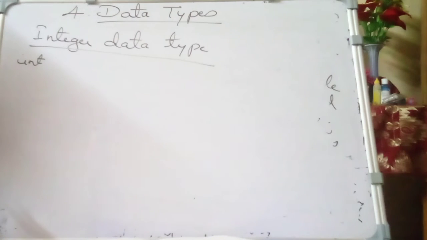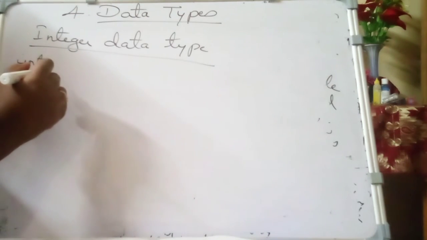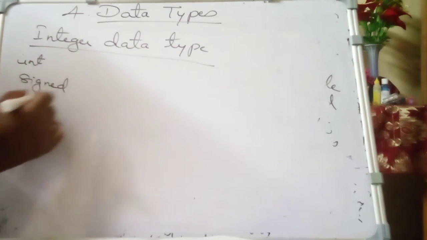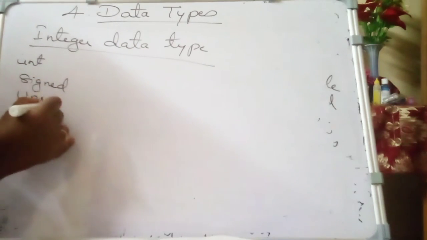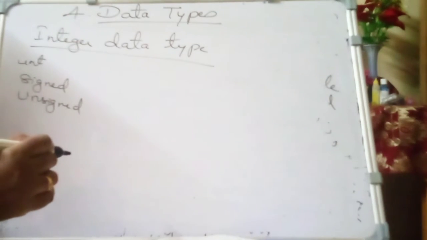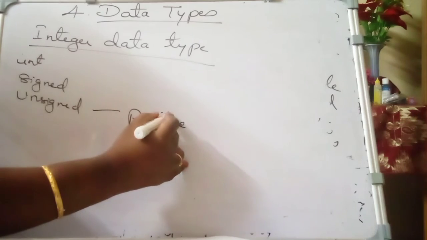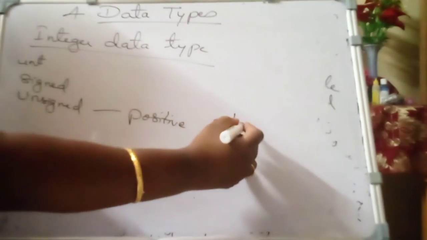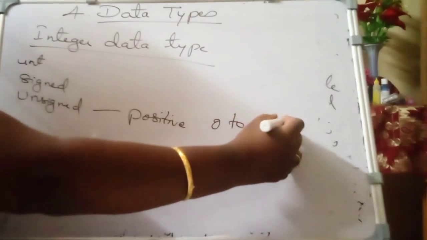The int can be of two types: signed int or unsigned int. Unsigned int is used to represent only positive numbers, starting from 0 to 65,535.